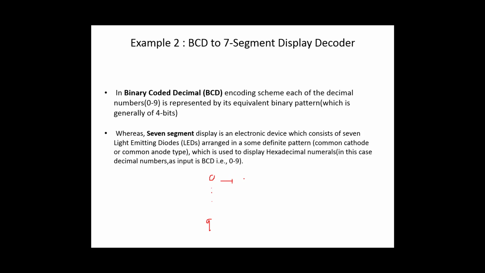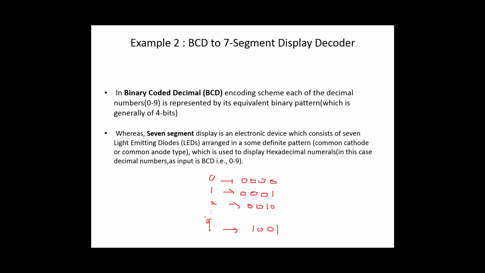So 0 is represented as 0 0 0 0, 1 is represented as 0 0 0 1, 2 is represented as 0 0 1 0, and so on up to 9. 9 is represented as 1 0 0 1, and all numbers greater than 9 are not represented. So binary coded decimal only counts from 0 to 9.